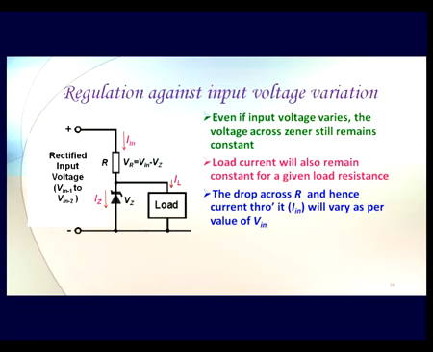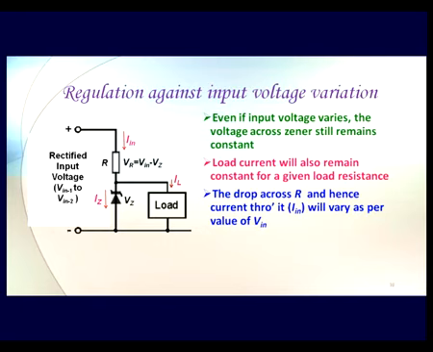All that extra variation in current is going to be borne by this Zener. The Zener current is sometimes going to be in excess because the voltage at the input has increased, whereas VZ is still rock steady.